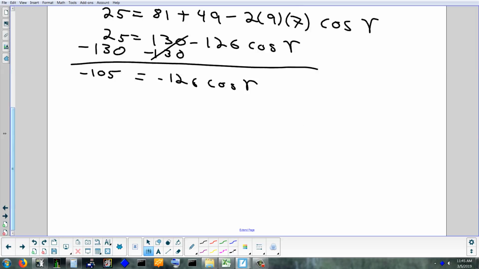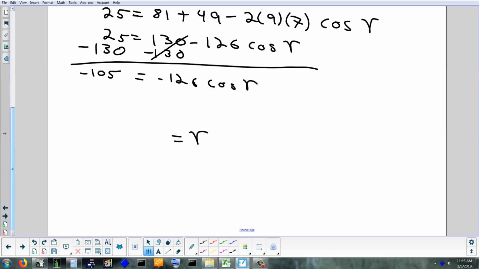And the last 2 steps, we can do them at the same time. What would I do first? Oh, Justin. Well, what do we have to get away from the gamma?